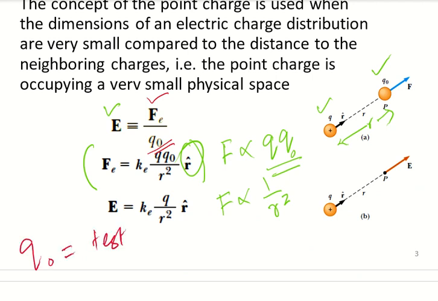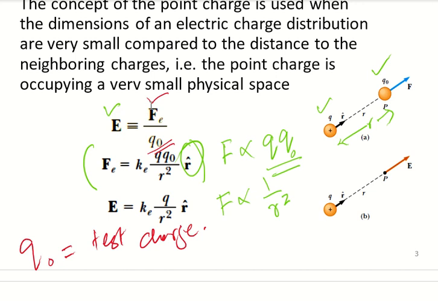Q naught is a test charge, because this force is due to a bigger charge Q. In this figure, this is the charge Q that is producing the field, and this is the Q naught that is feeling that field. So we have to divide the force by the magnitude of this test charge.